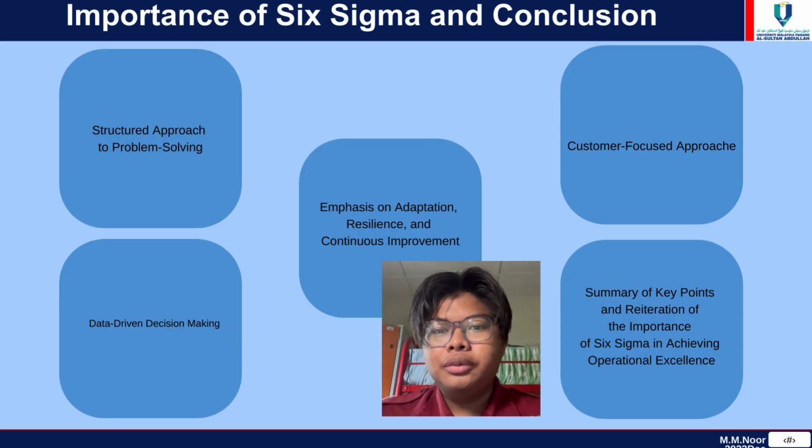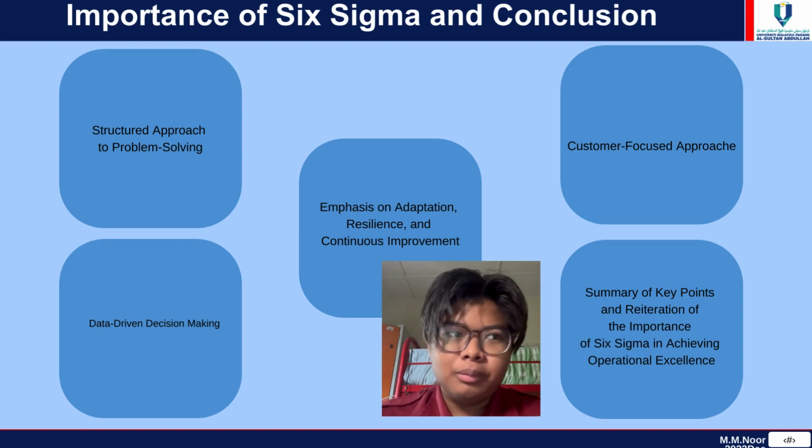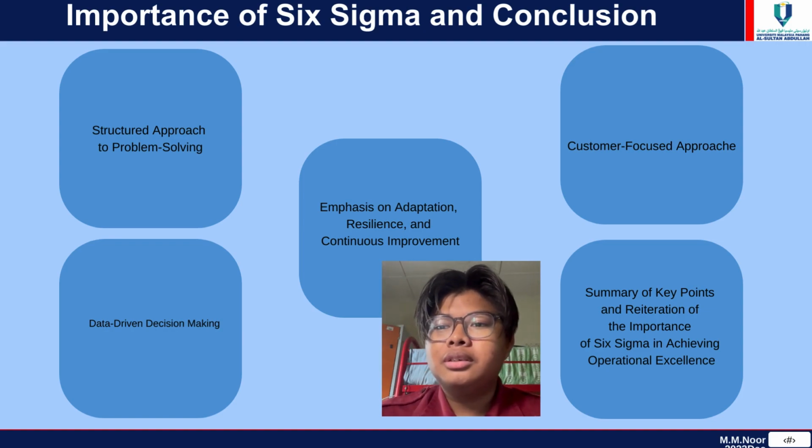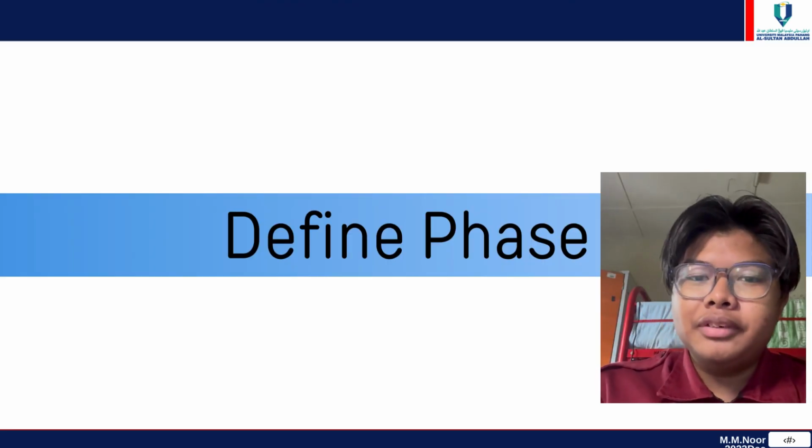The reason why we chose Six Sigma to solve our problem is that Six Sigma is a structured approach to solving problems. It is also data-driven decision making. So we will solve a problem based on the data that we receive, and it is also a customer-focused approach.